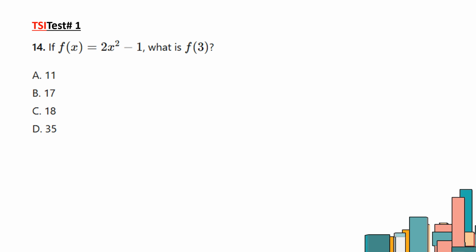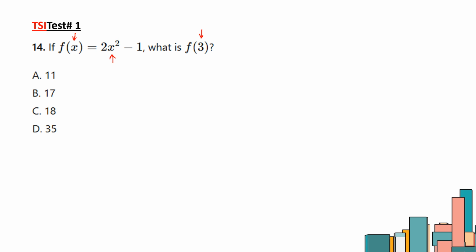Question number 14. If f of x is 2x squared minus 1, what is f of 3? So you see that x now is 3. The position of x is replaced by 3. So of course this position will be replaced by 3 to get the answer.